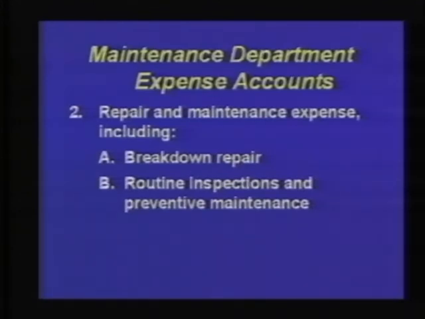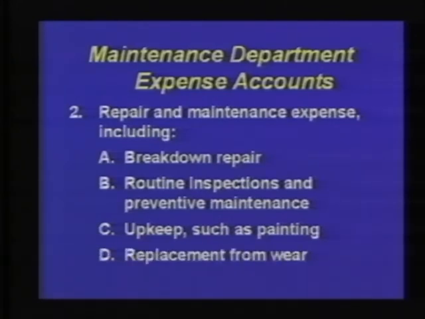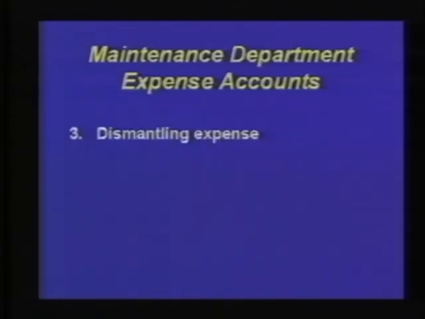Item C under 2 is the upkeeping, such as, let's say, painting of the equipment. D, the replacement from wear, and E would be associated with building and ground repair. Now, item 3 would be dismantling expenses, where we're actually removing an asset from operation.